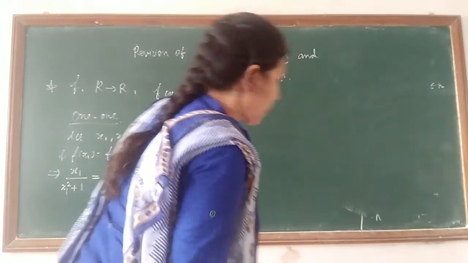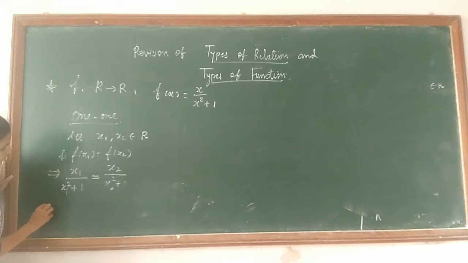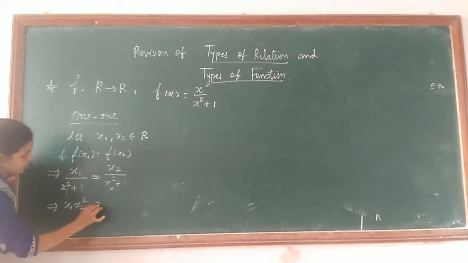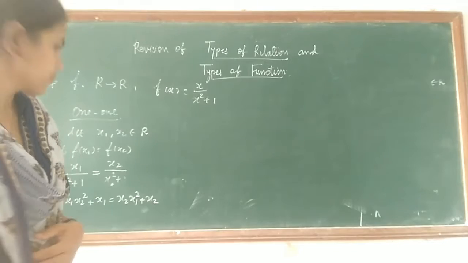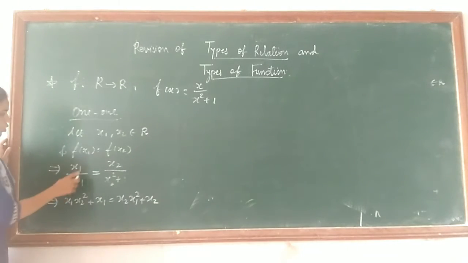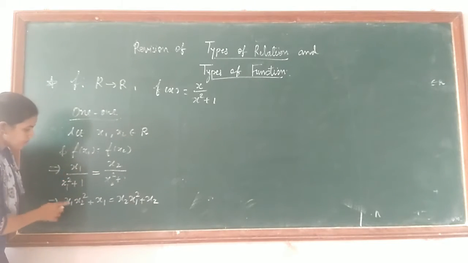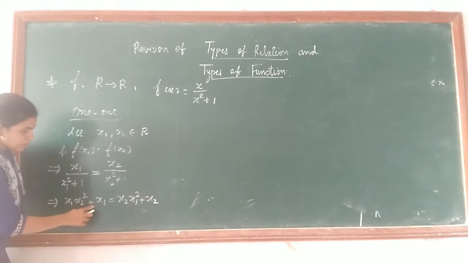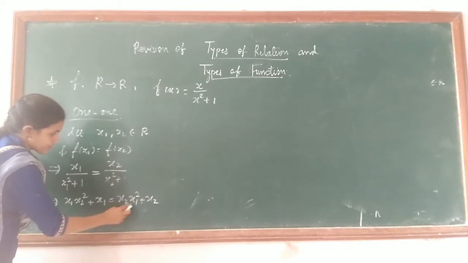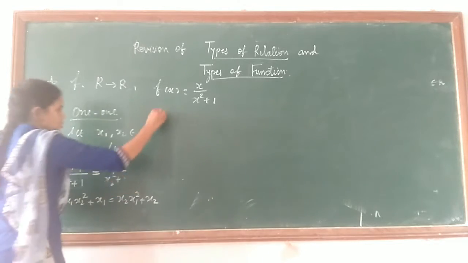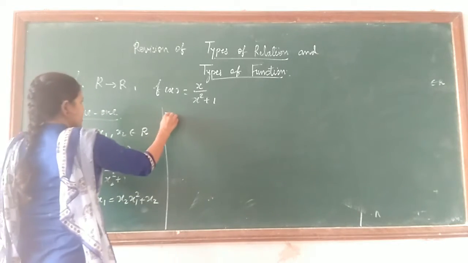So if we cross multiply, then this will be x1 x2 square plus x1 is equal to x2 x1 square plus x2. So, let me simplify it.